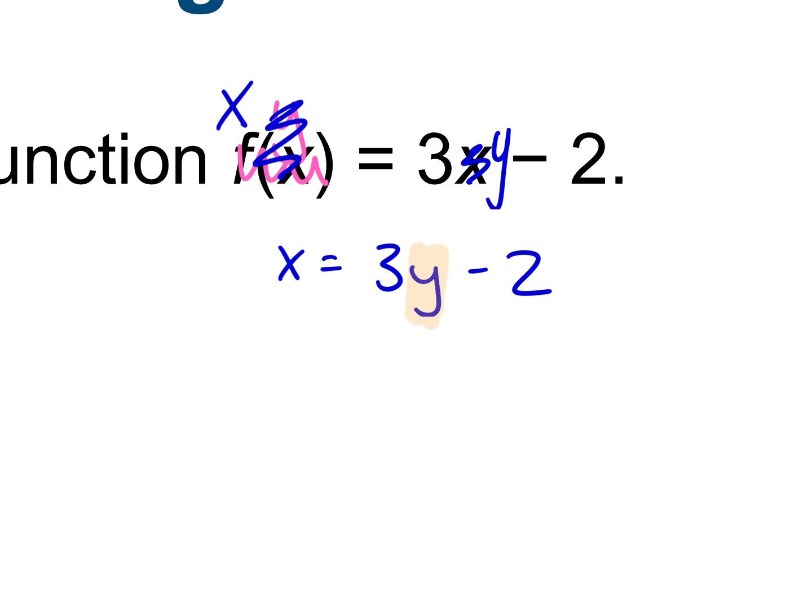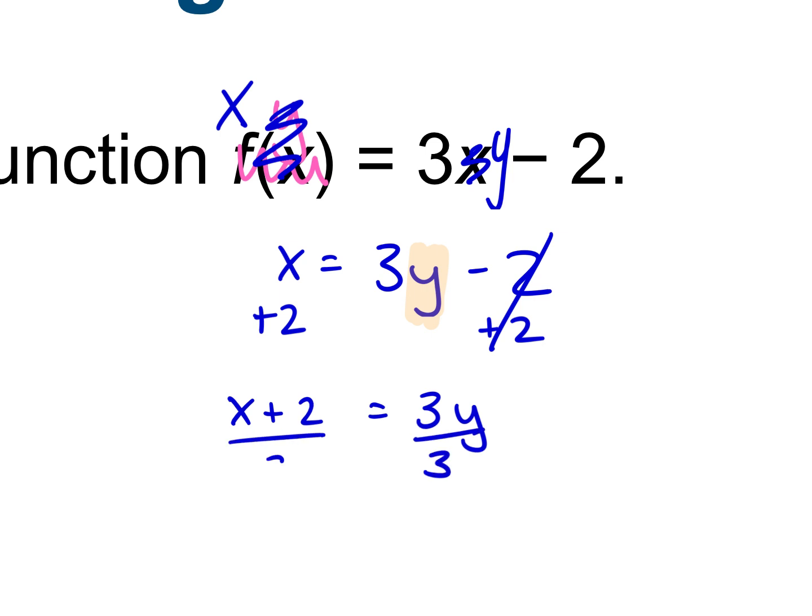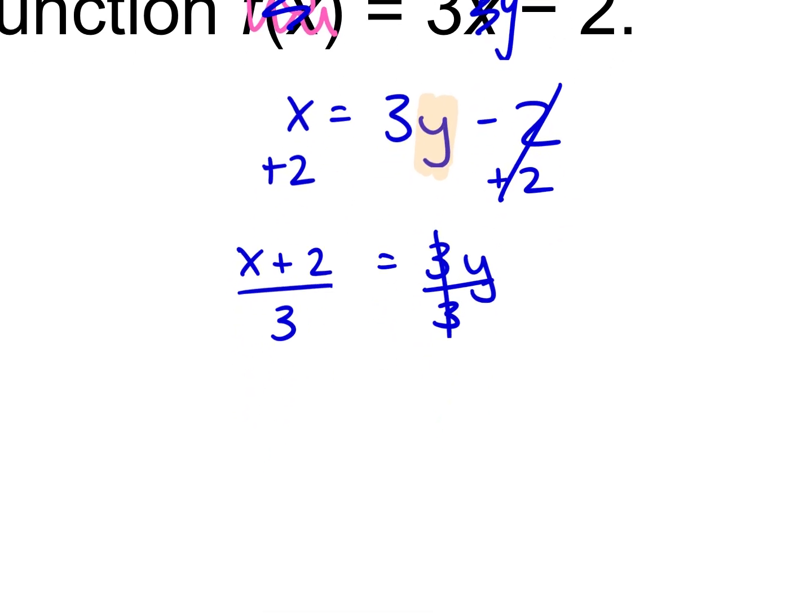We need to get y all by itself. So what would I need to do to get y all by itself? Add 2. We're just going to rearrange our equation. We're going to move everything to the left side. So we have x plus 2 equals 3y. What would we do next? Divide by 3. So we have x plus 2 over 3 equals y.